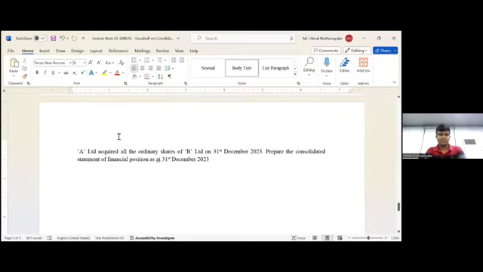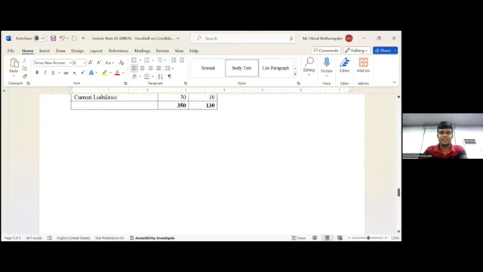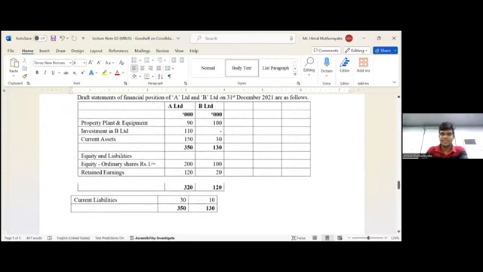A Limited acquires all the ordinary shares of B Limited, so A acquired 100% of the shares in B. So we need to prepare the consolidation.